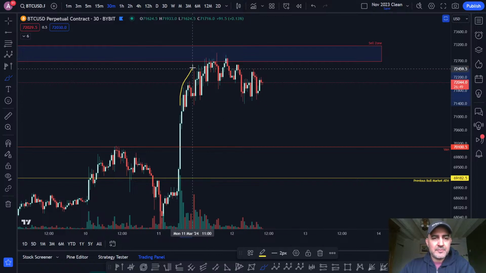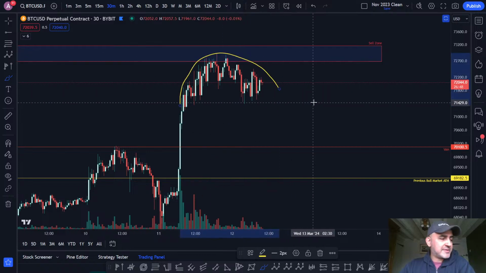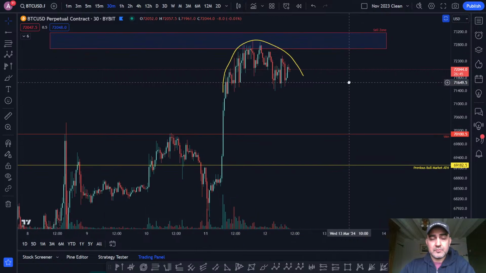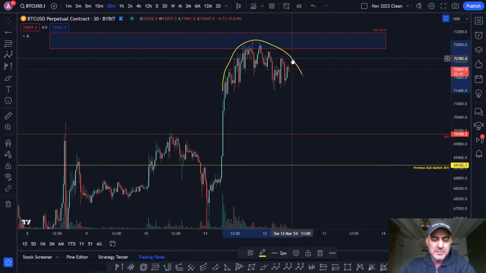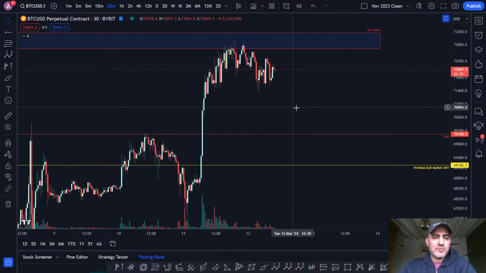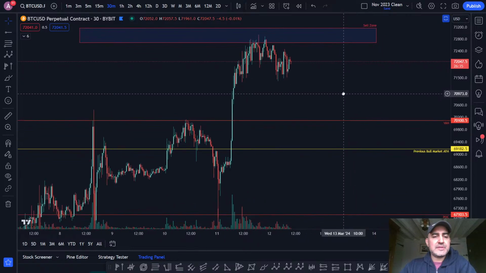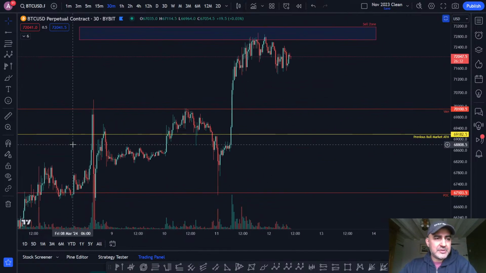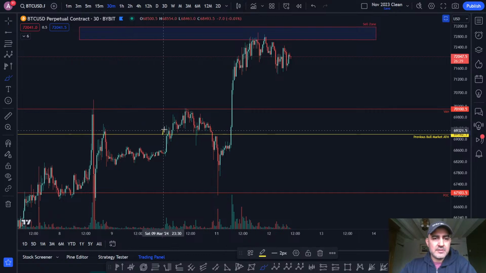I see a rounding top. See that? Rounding top. Very easy to see. Just be aware of what is easy to see, because if I can see it, everyone can see it. And we had a rounding top here. See that rounding top?